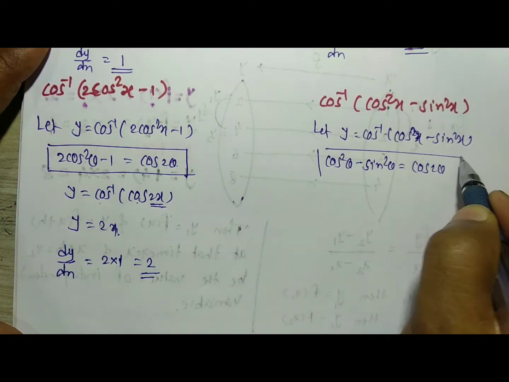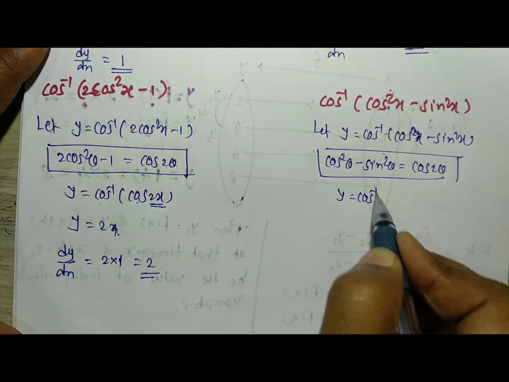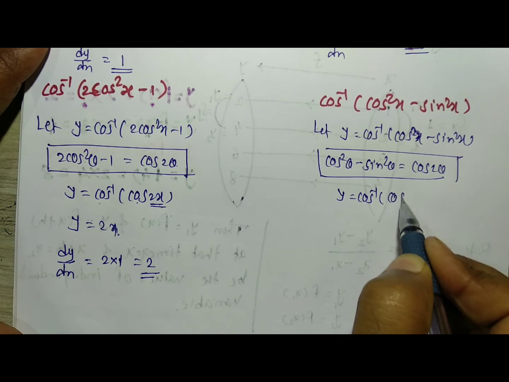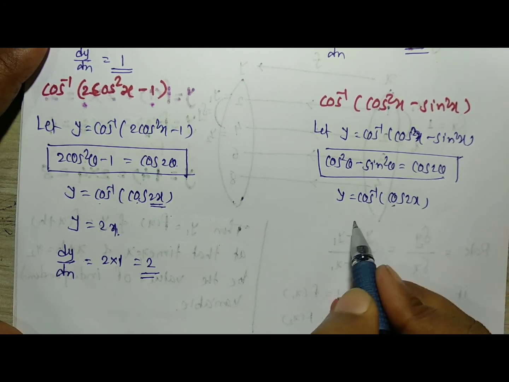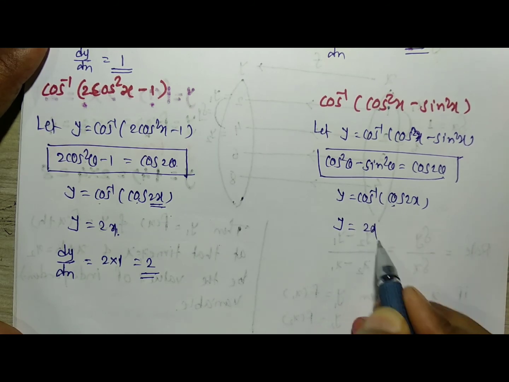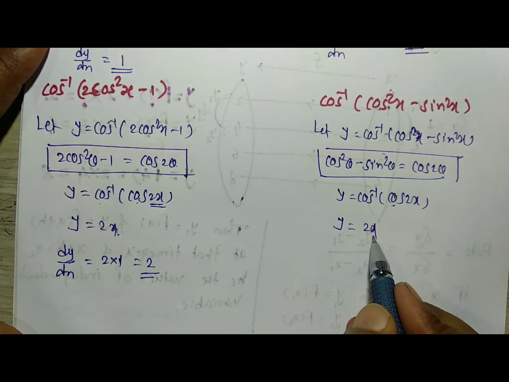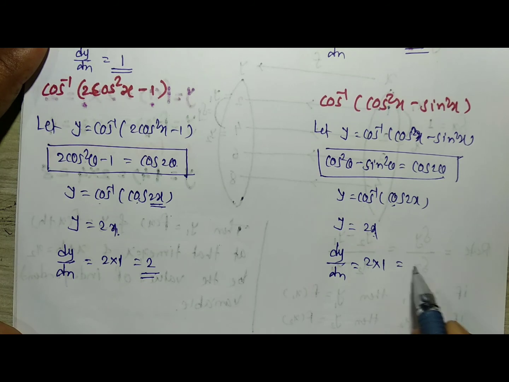By using this formula, we will get y is equal to cos inverse cos 2x, and cos inverse is cancelled to cos, and therefore y is equal to 2x. y is a function of x, therefore the derivative of y with respect to x, dy by dx, is equal to 2 into the derivative of x, which is 1. That means you will get the answer 2.